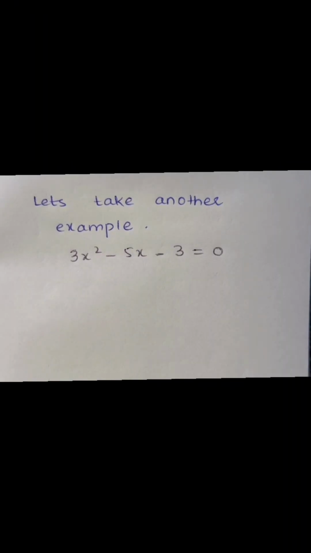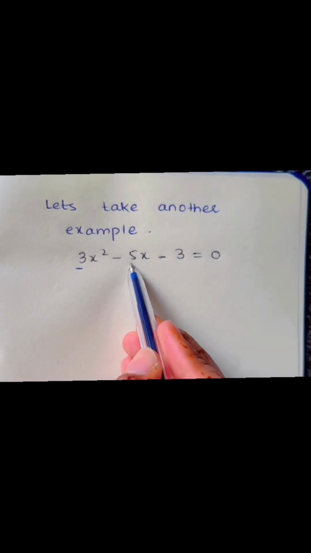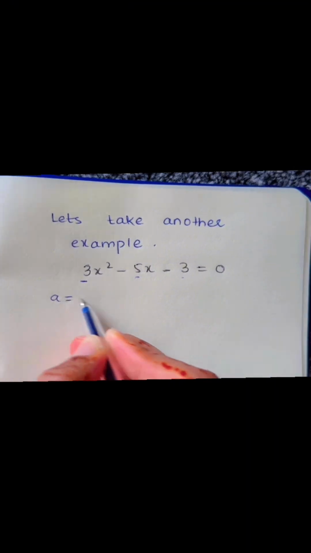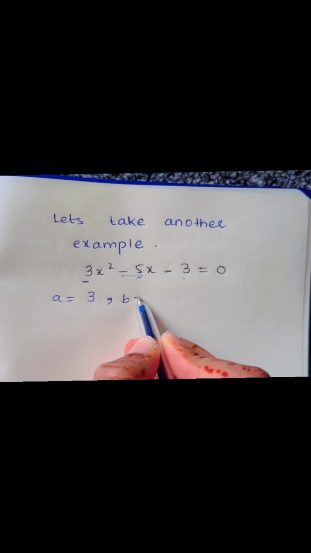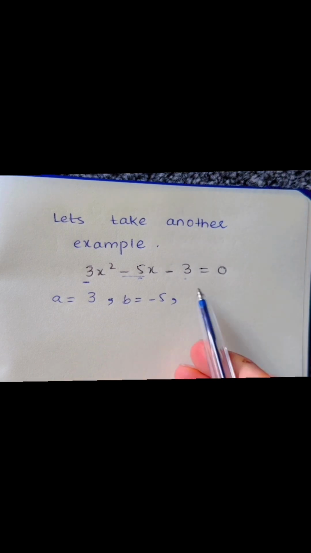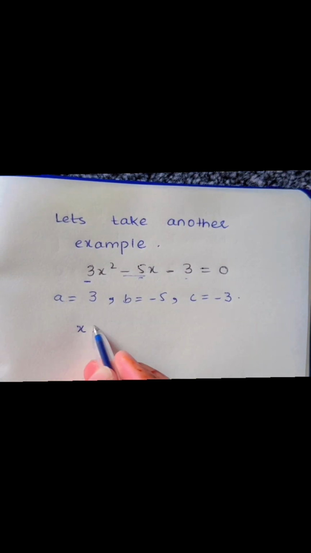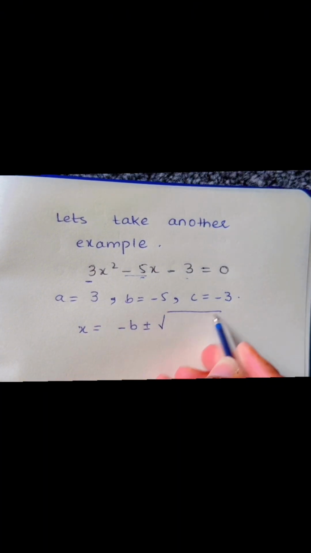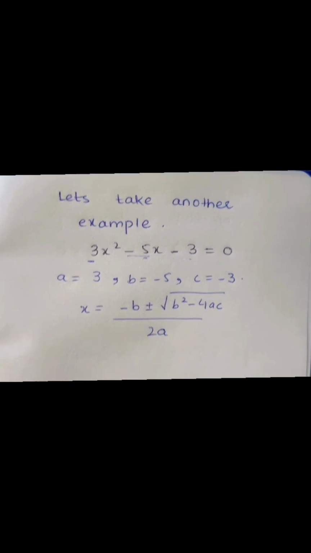Now we will take another example. Similarly, we will compare the coefficients of the equation, which is a equals to 3 and b is equal to minus 5, then c is equal to minus 3. First we will write the formula, which is x is equal to minus b plus minus square root b square minus 4ac divided by 2a.